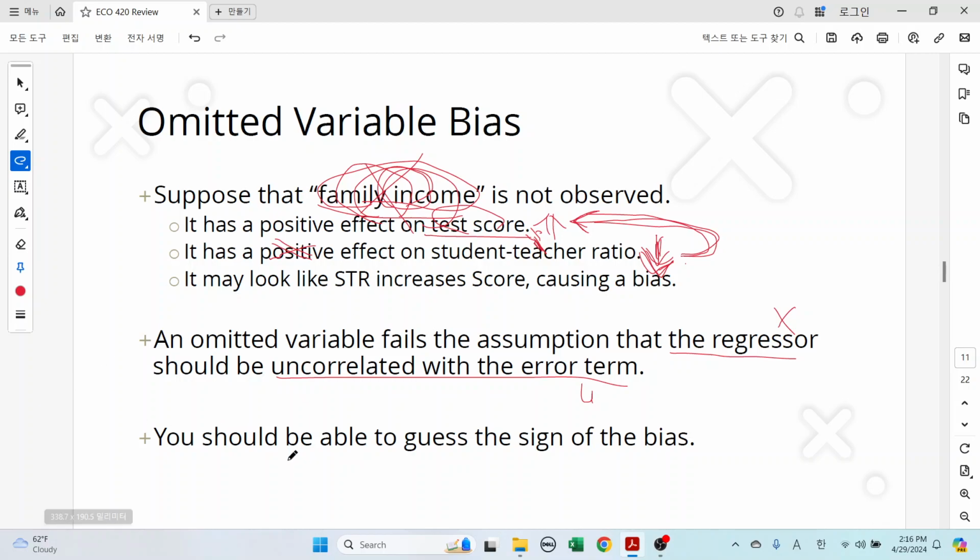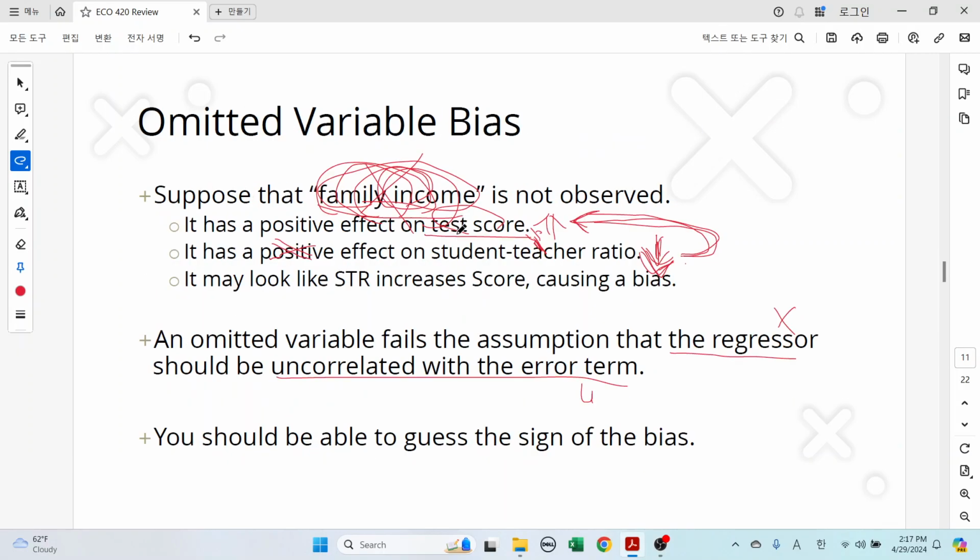So then you should be able to guess the sign of the bias. So if I suggest an omitted variable like this, then you have to imagine what kind of bias it will imply, like underestimation or overestimation in beta, or like plus side or minus side, which direction the estimator will be biased.